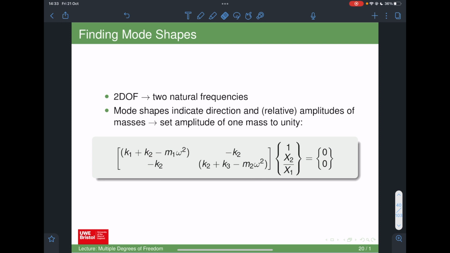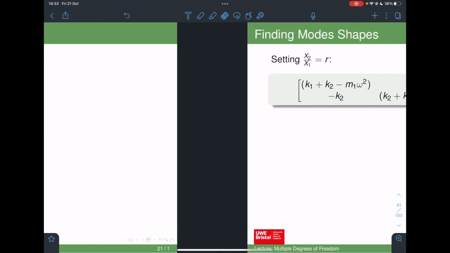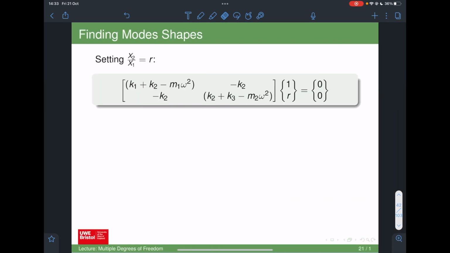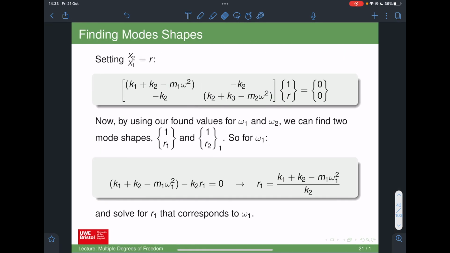This process is ours to work out. What we do is we take the natural frequencies we found and plug them into this mechanical impedance matrix to solve for that unknown, which we call R. So if we set x2 over x1 to equal R, then we've got this equation, and by using our values for omega 1 and omega 2, we can find two mode shapes, 1 over R1 and 1 over R2.